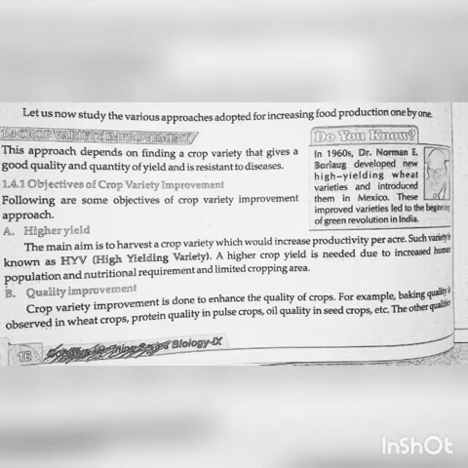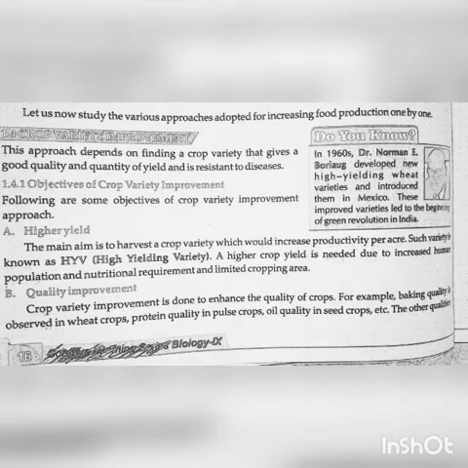The main aim is to harvest a crop variety which would increase productivity per acre. Such a variety is known as HYV, that means high yielding variety. A higher crop yield is needed due to increased human population and nutritional requirements and limited cropping area.